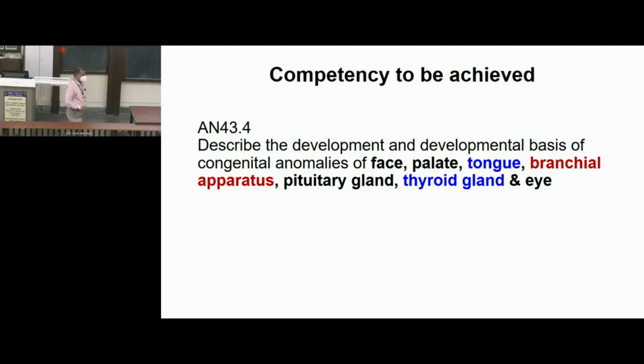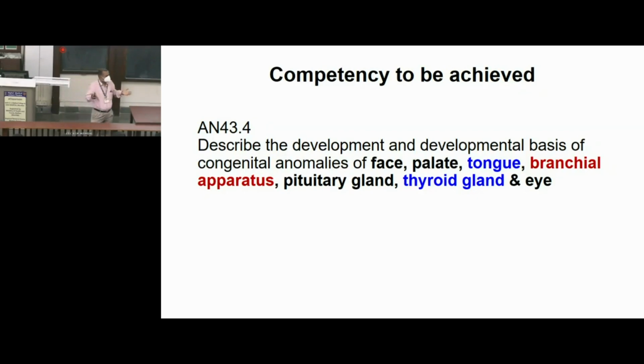Otherwise, if I ask you, what is tongue? What is the answer to this question? What is tongue? It is a muscular organ present in the oral cavity. That is the answer to the question, what is tongue?